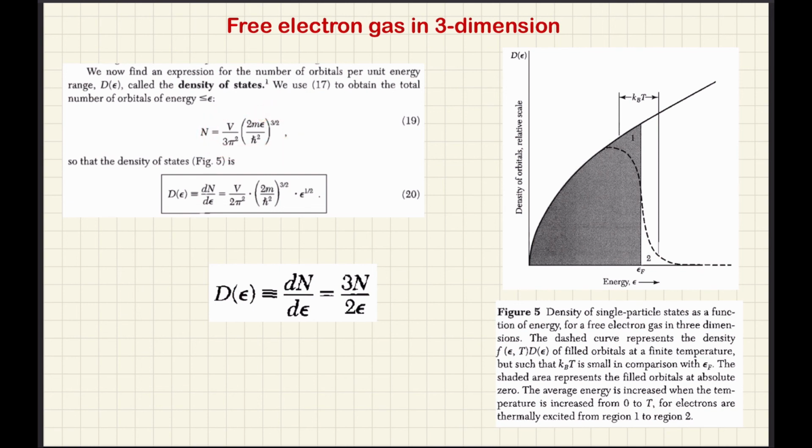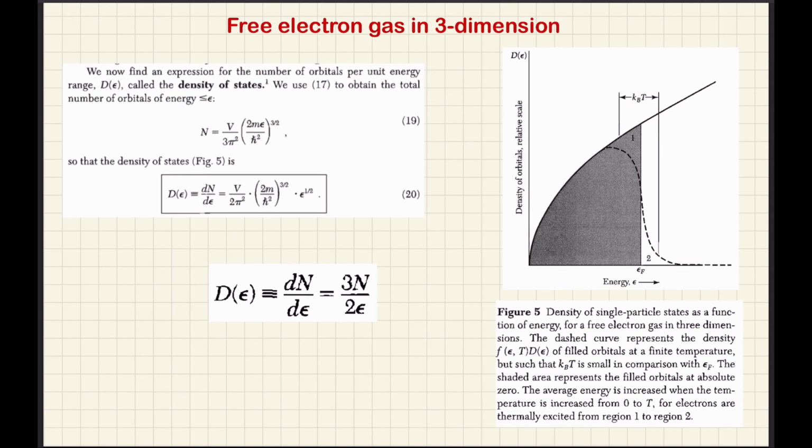Then you will get this expression, and this density of states varies as epsilon raised to half. ഈ വേരിയേഷൻ ആണ് നിങ്ങൾ ഇവിടെ കാണുന്നത്, ε^(1/2). ഓക്കെ, ഇപ്പോൾ നമ്മൾ പ്ലോട്ട് വരയ്ക്കുന്ന സമയത്ത് എനർജി ഇൻക്രീസ് ചെയ്യുന്നതോറും ഡെൻസിറ്റി ഓഫ് സ്റ്റേറ്റ്സ് ε^(1/2) എന്നുള്ള പ്രൊപ്പോർഷണാലിറ്റിയിലാണ് ഇൻക്രീസ് ചെയ്യുന്നത്.